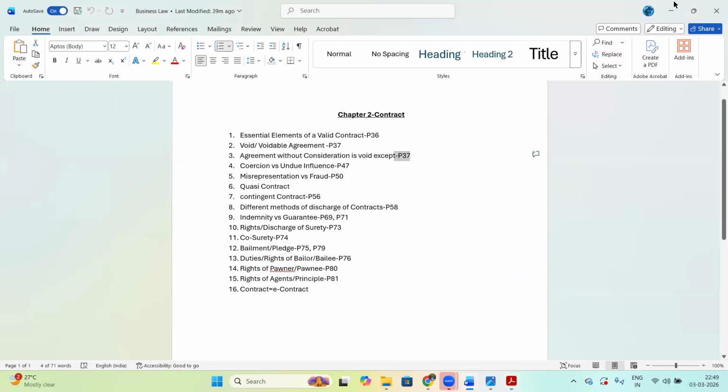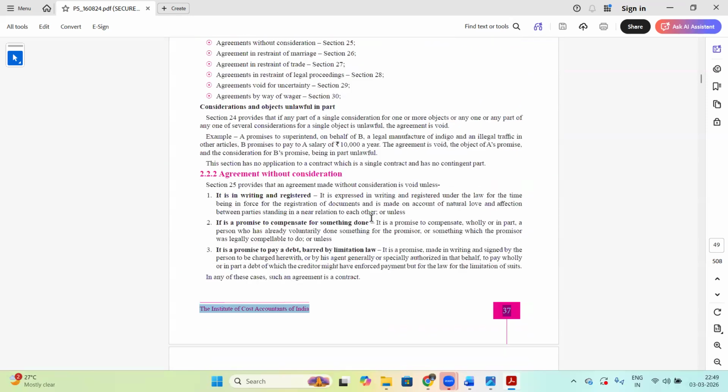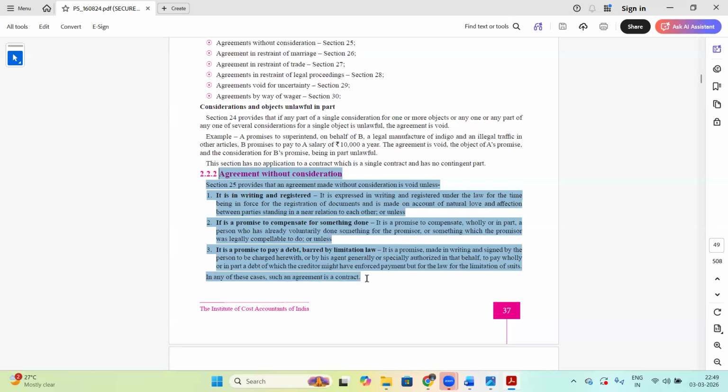We know one of the essential elements for a valid contract is to have a valid consideration. But there may be a situation where consideration does not exist and the contract may still be valid. So what are the cases? These are the events.